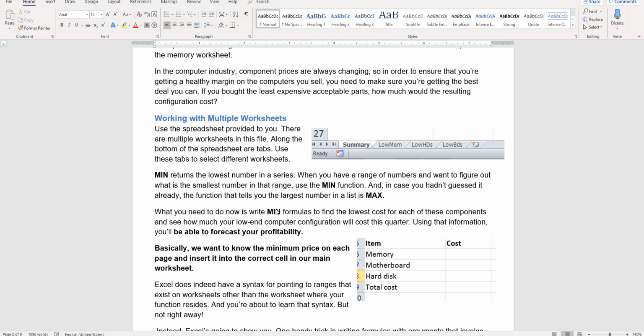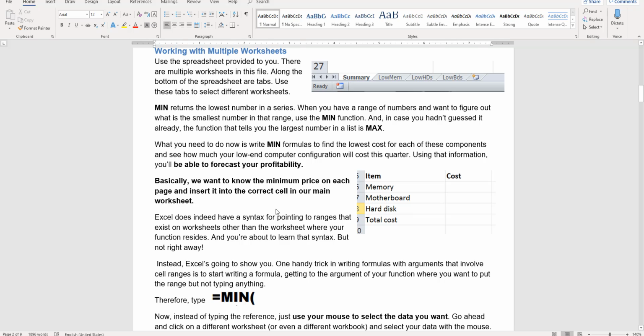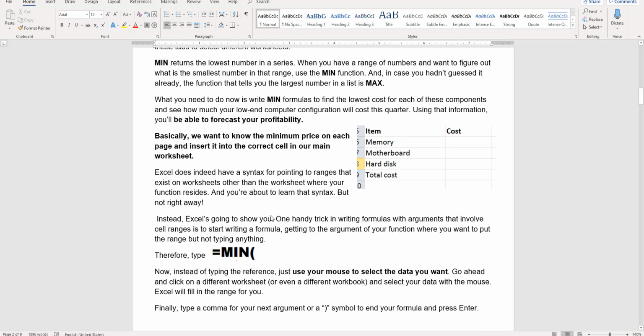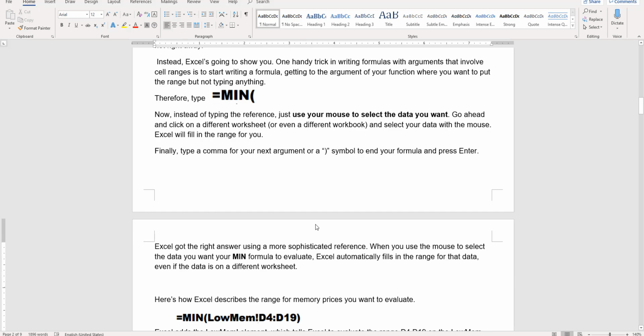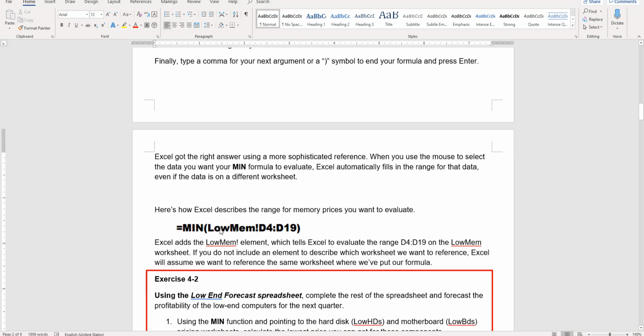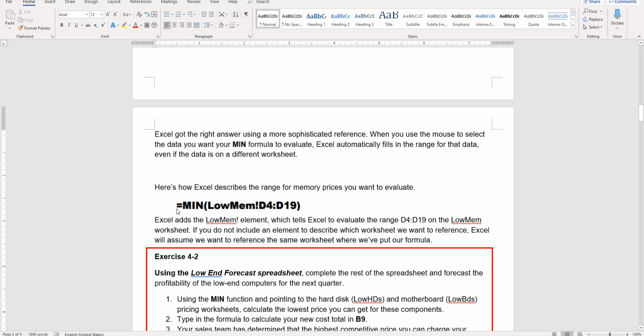What might be a little bit different is that instead of just using one spreadsheet or one workbook, we're using across multiple workbooks here, okay? It's pretty simple and straightforward. I'll give you a little bit of an idea. Basically in Excel, you can do the min formula.